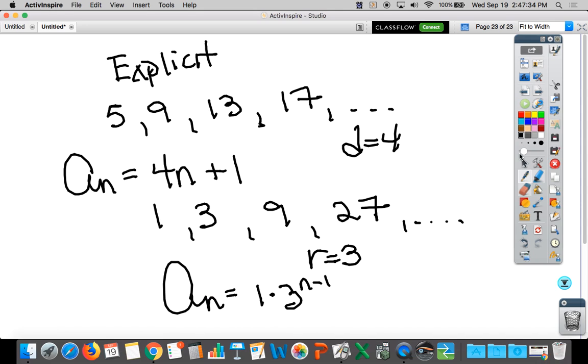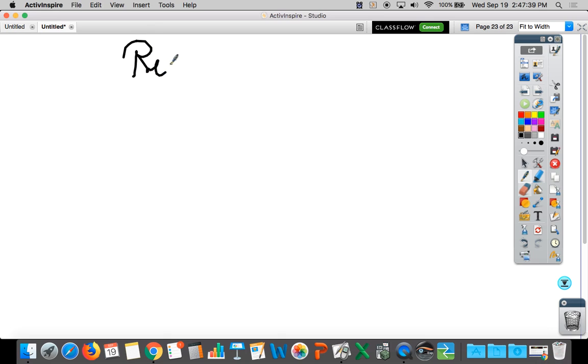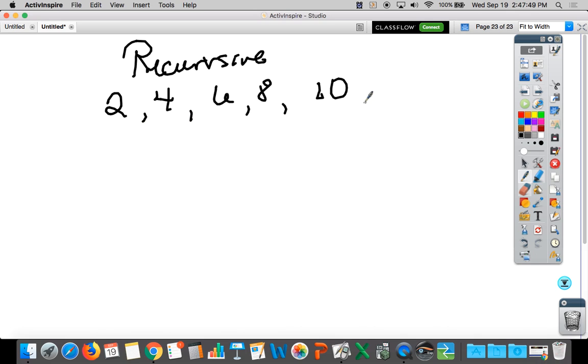Okay? Now, a recursive is the one that uses the previous term. So let's say we've got 2, 4, 6, 8, 10. Now, the explicit form of this would be 2n, right? That would be the explicit form.